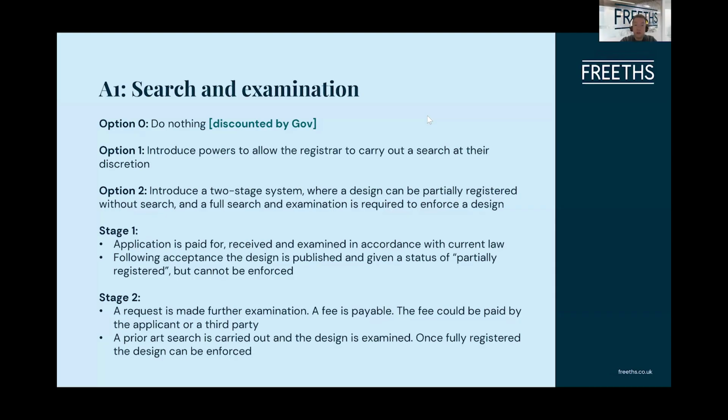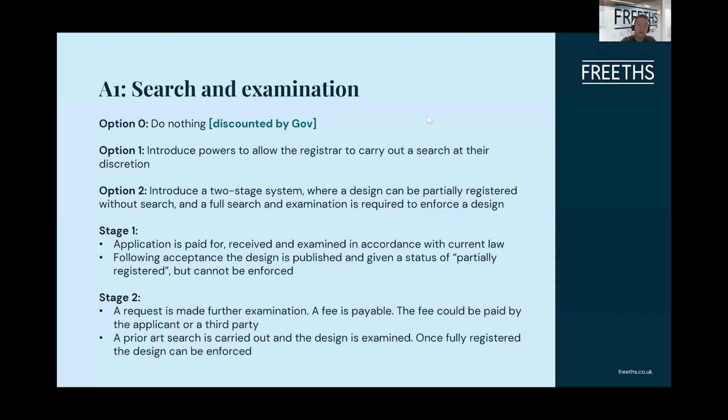And option 2 is a more complete two-stage system where every design is first partially registered without a search, and then following that initial registration, if the design ever wants to be enforced, a full search and examination is required.